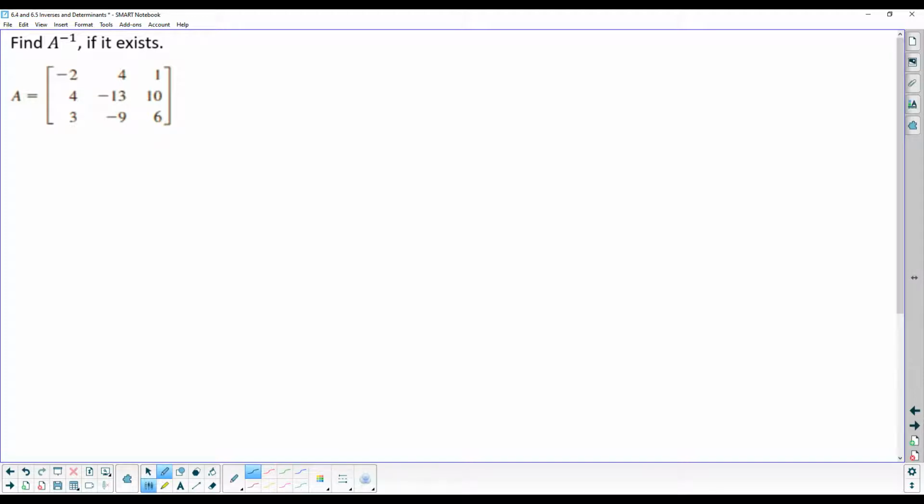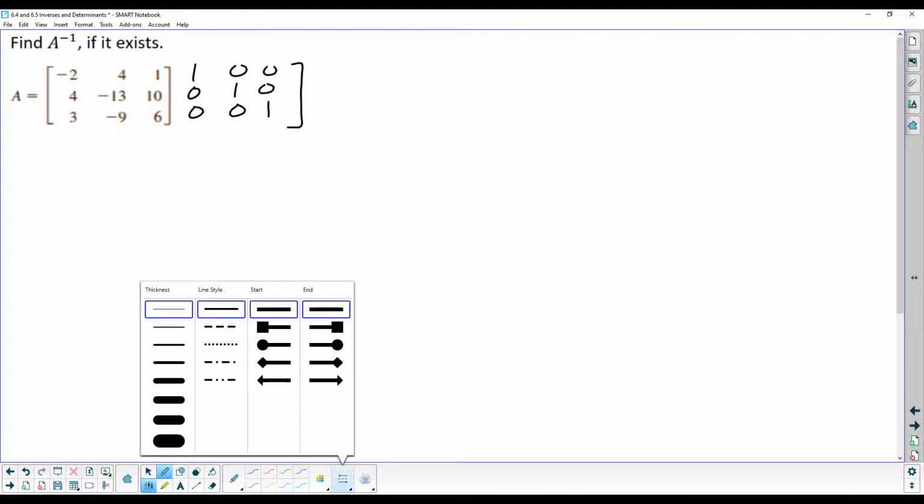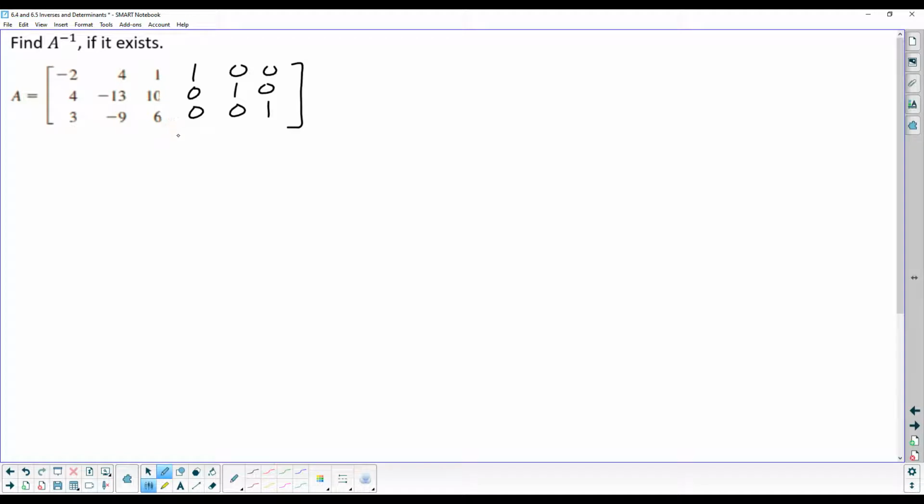And in fact, I'm just going to do 1, 0, 0, so I don't have to waste that space on my board. So identity matrix has 1s on the diagonal, 0s everywhere else.